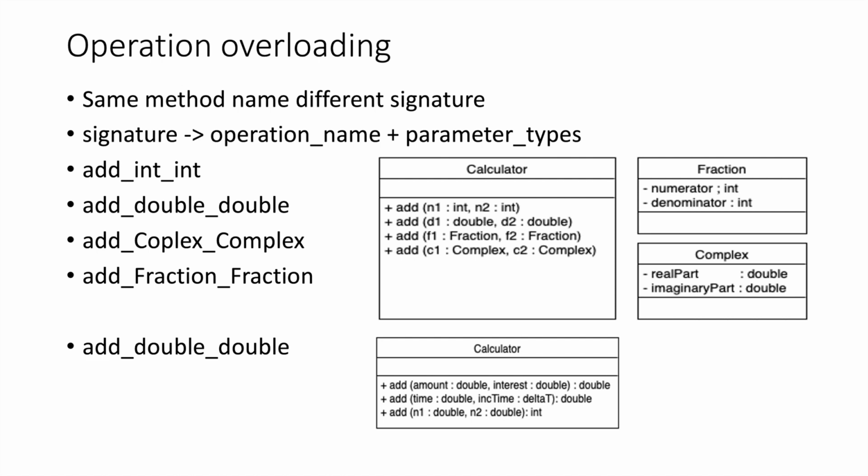Operator overloading we are not going to consider in UML because that is very specific to C++, and as I mentioned many times earlier, our course is going to be completely language independent. Hence we will not be talking about operator overloading, but we will be talking about operation overloading.